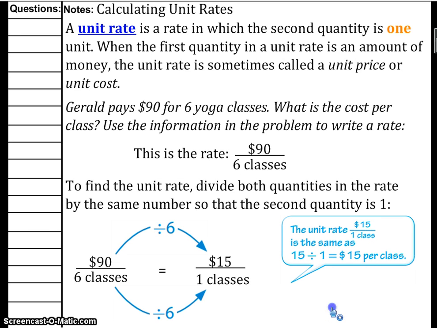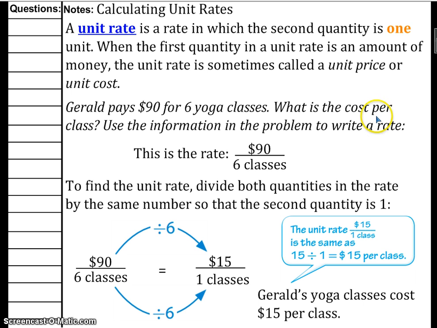So our answer is Gerald's yoga classes cost $15 per class. Please notice that everywhere in our notes, per means 1. So when you see anything per class, per minute, per hour, those are all asking for unit rates.